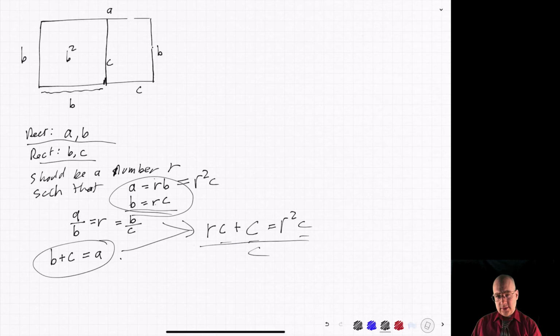If C is 0, our process didn't create a rectangle, and so it didn't create a copy of this other rectangle. It's a little bit of a fudge because, of course, there would be a number R, namely 0. Well, I guess no. I mean, these relations wouldn't work, but it's kind of a scaled version of the original rectangle 0, right?